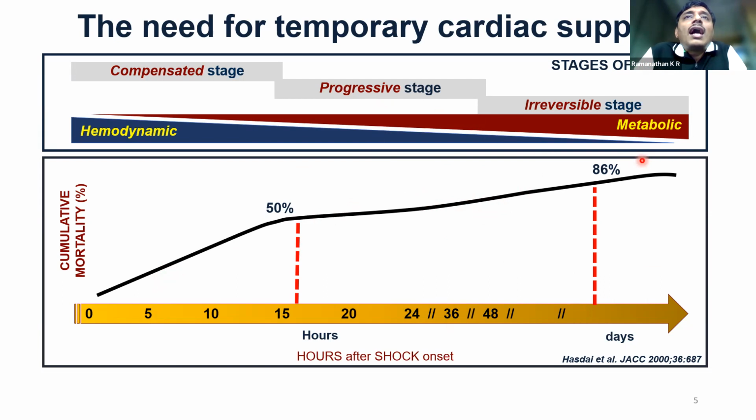However, given the fact that health services are improving rapidly and the fact that people are getting more educated about heart attacks and other important cardiovascular comorbidities or morbidities, it's equally important that, as physicians, we should aim to capture these patients early, at least in the early compensated to the progressive stage, if we are to make a difference to the outcome.